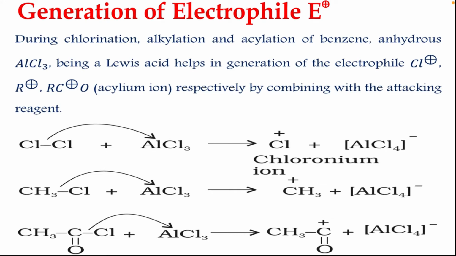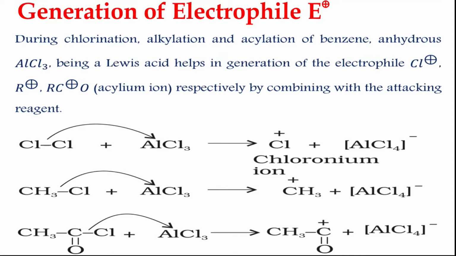Here we have the formation of different electrophiles such as Cl+, CH3+ and CH3CO+. Here children, anhydrous AlCl3, being a Lewis acid, is used as a catalyst.